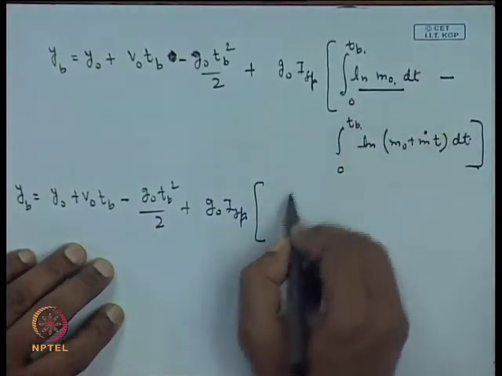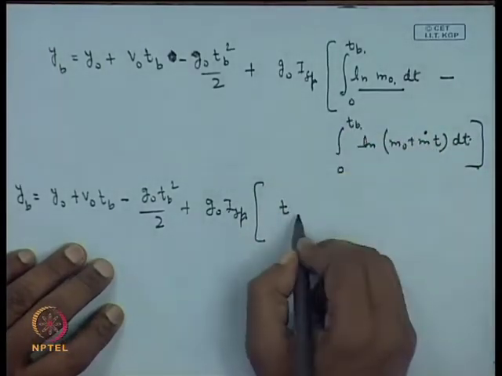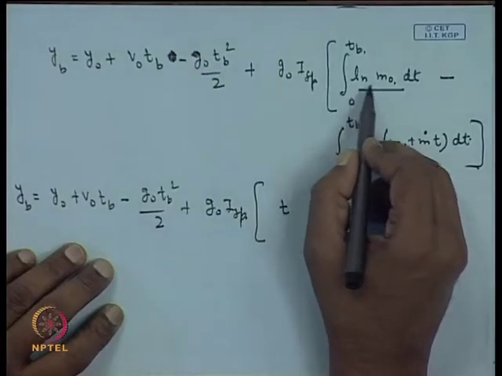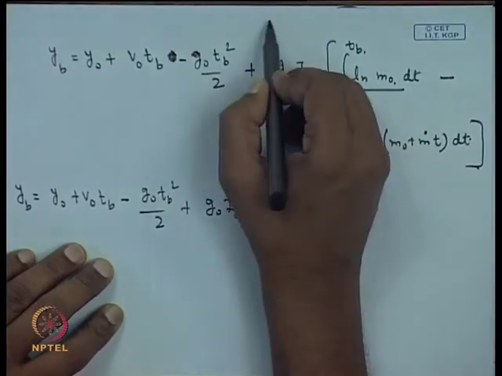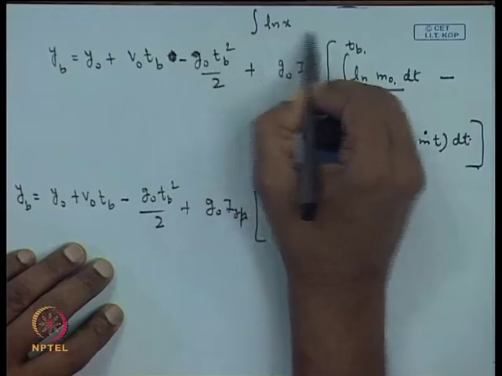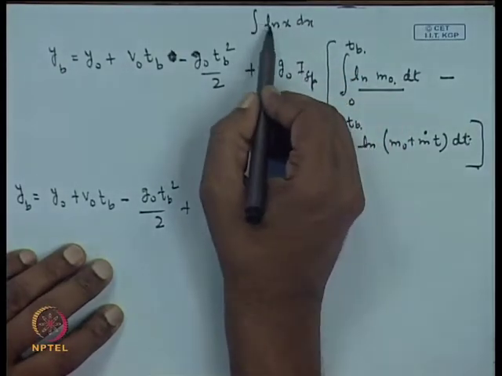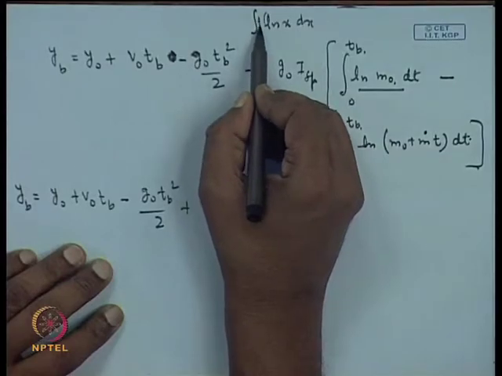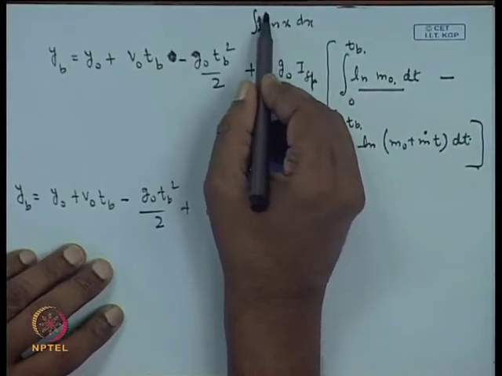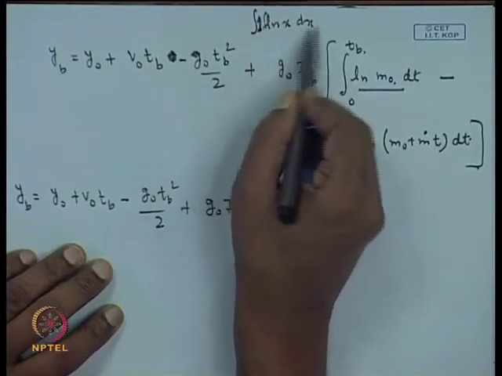Okay, this can be integrated as, keeping in mind this kind of integration: how do we integrate ln x dx? We assume that a 1 is present, multiplied by ln x, and then we integrate it.